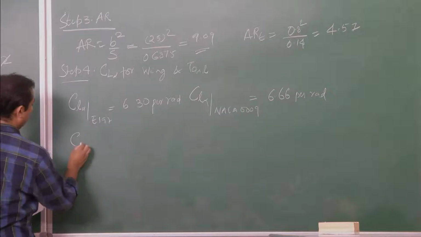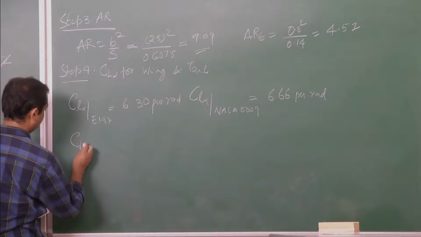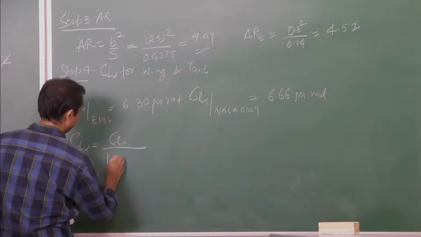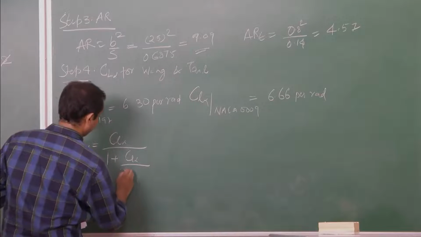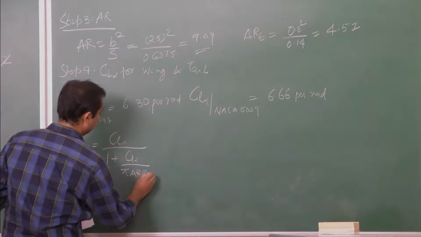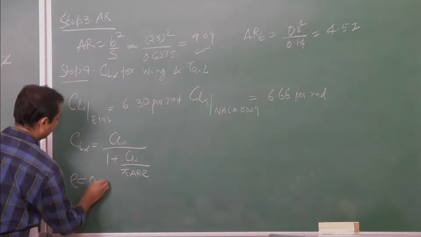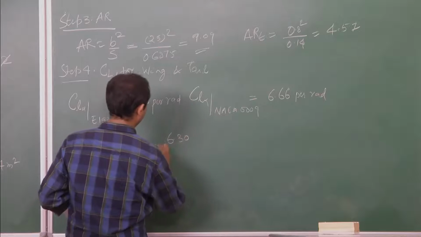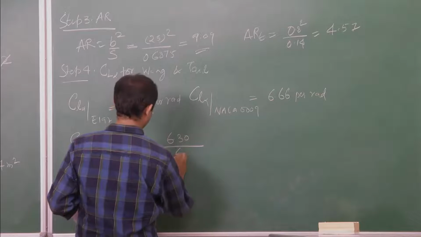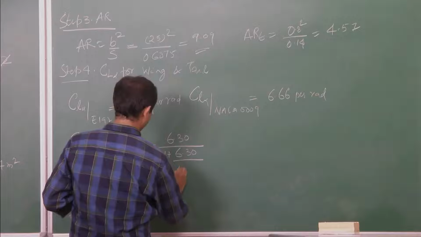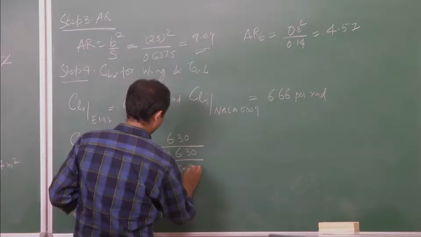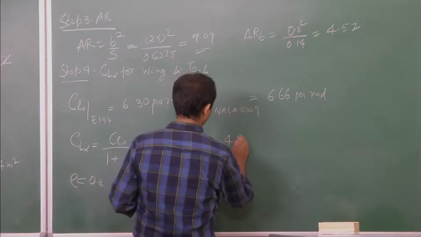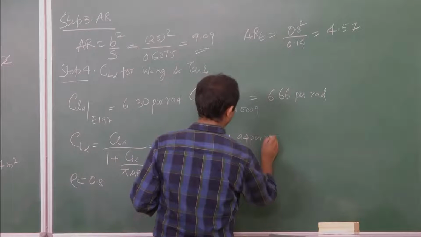Now using the formula for conversion from 2D to 3D, CL alpha is given by CL alpha 2D divided by 1 plus CL alpha 2D by pi into aspect ratio into E. Here E we are taking as 0.8, which is equal to 6.30 divided by 1 plus 6.30 by pi into 9.09 into 0.8, which gives 4.94 per radian.